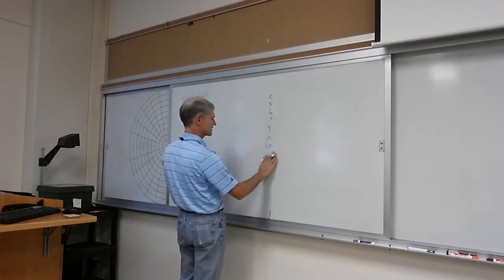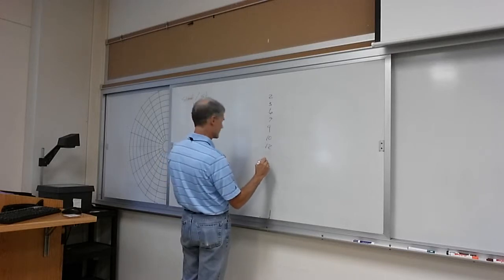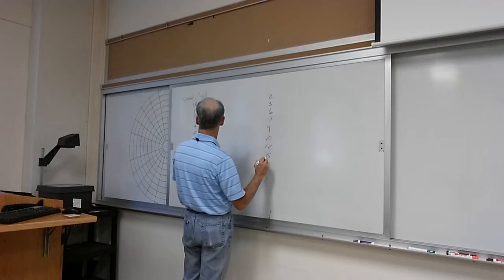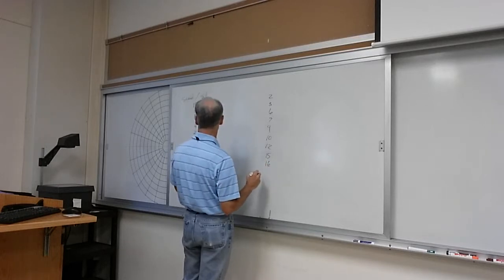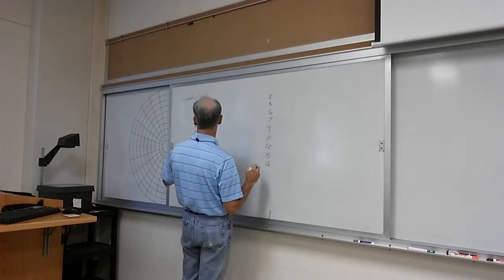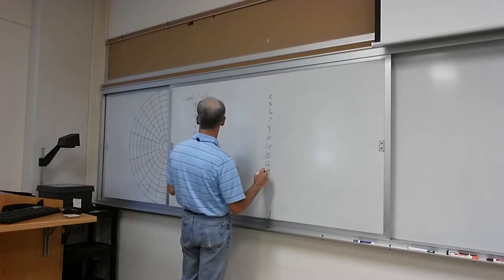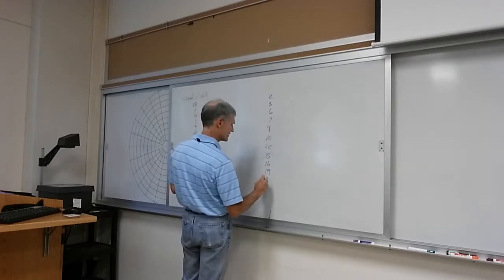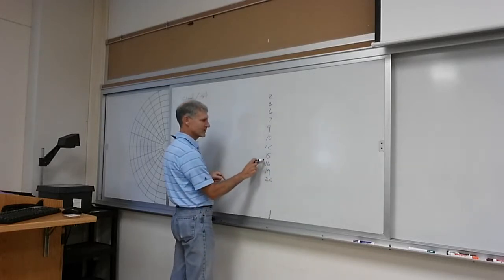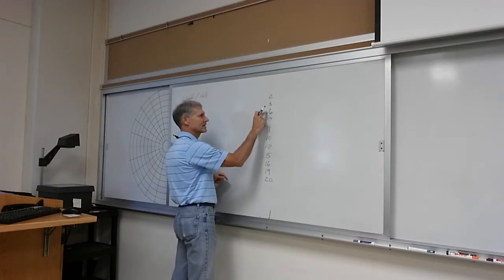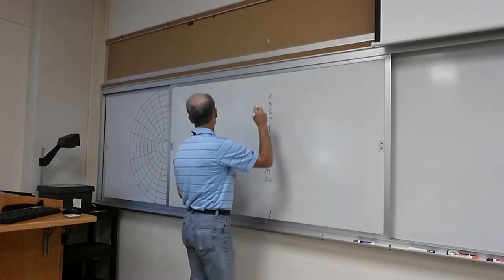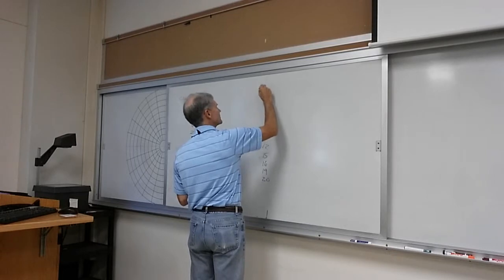Oh, wait, never mind. 13's on there. 15, 16, 17. Never mind. 18 are on here. 19, 20. Is that 11? 1, 2, 3, 4, 5, 6, 7, 8, 9, 10, 11. Okay? So these are my sit group.